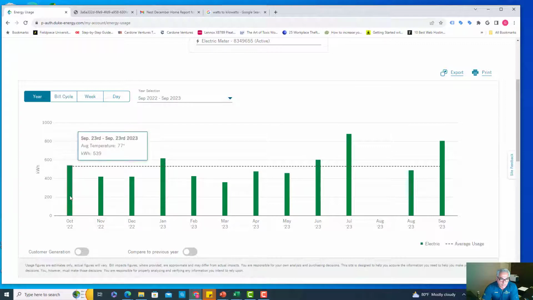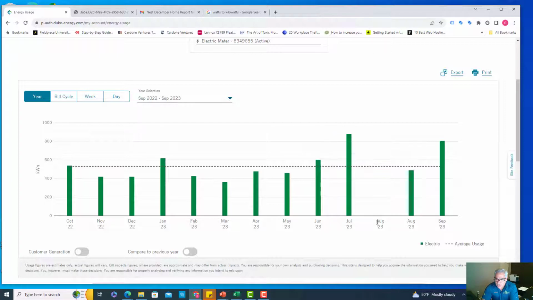Look at it. Average temperature 77, 539. Here's my average line right there. See my average line? It's a little over 500. 420, 421, 618, 426, 361, 477, 461, 604, 882. I don't know what Duke Energy did here, but apparently they screwed up.